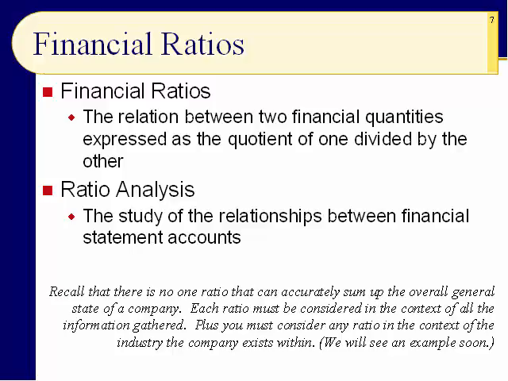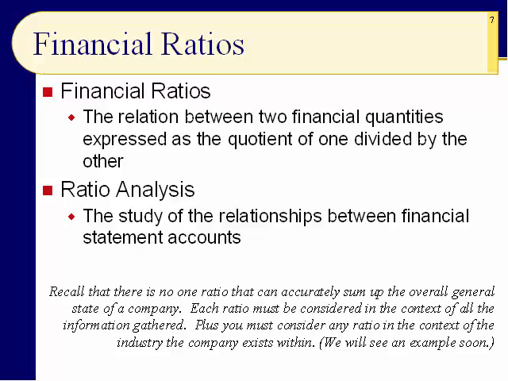And of course, the ratio analysis is the study of the relationships and the study of these ratios. If you remember, back in Chapter 5 and then in Chapter 6, we started looking at the price to earnings ratio. Then we looked at price to cash flow. So we're going to quickly review some of these ratios.